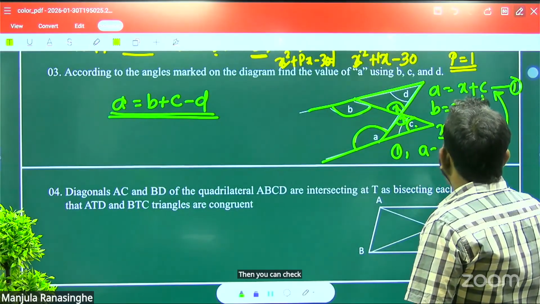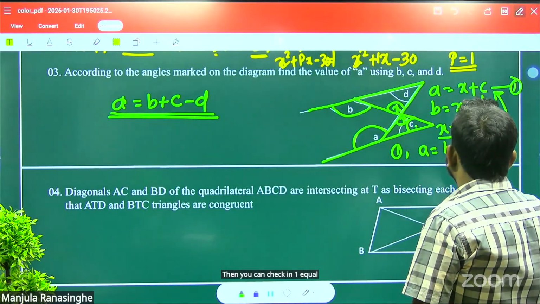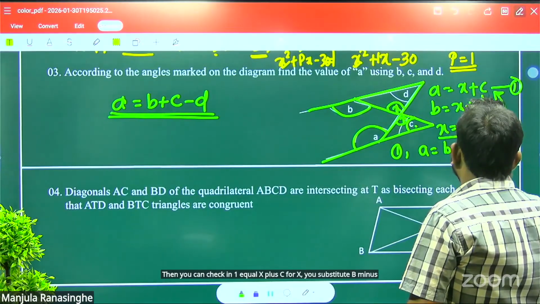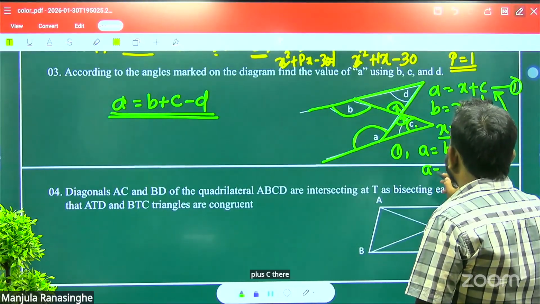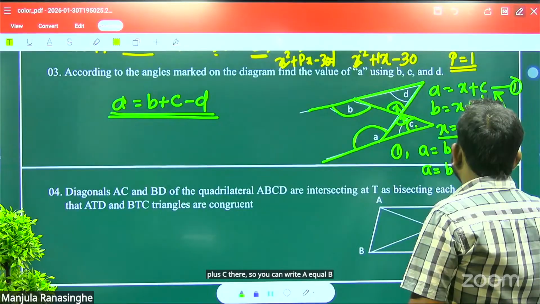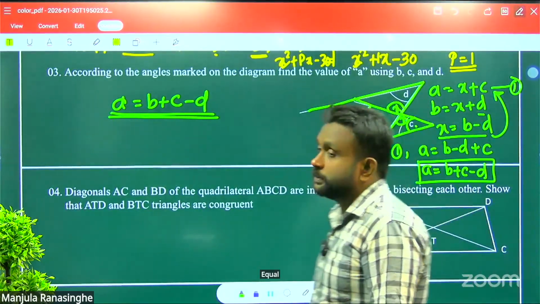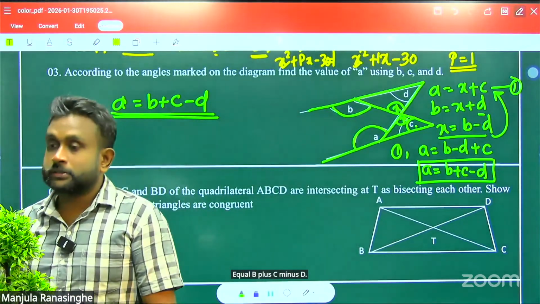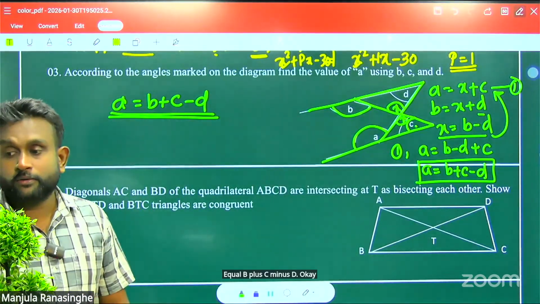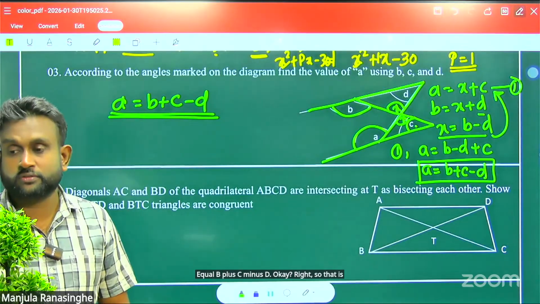A equals X plus C, so for X substitute B minus D plus C. So A equals B plus C minus D. That is an excellent question.